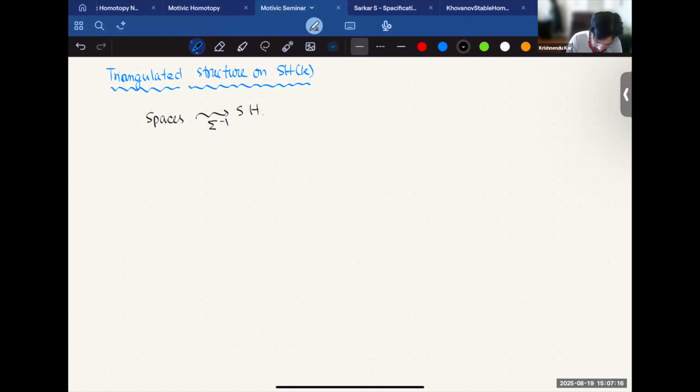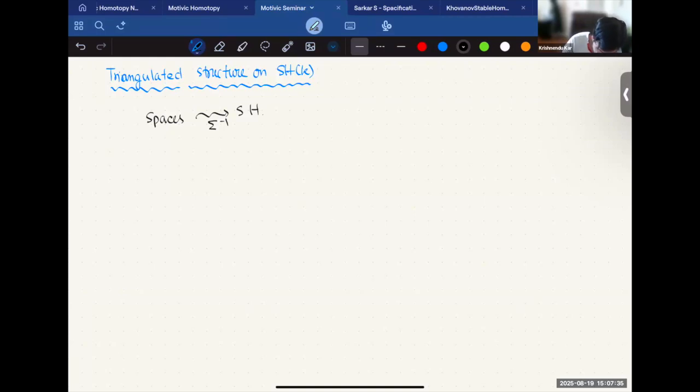And this is where the magic happens. I don't think I mentioned in my talk introducing spectra that it is a triangulated category. I think I mentioned it, but I didn't really say how, but it's really easy to see. Your suspension essentially works as a shift.